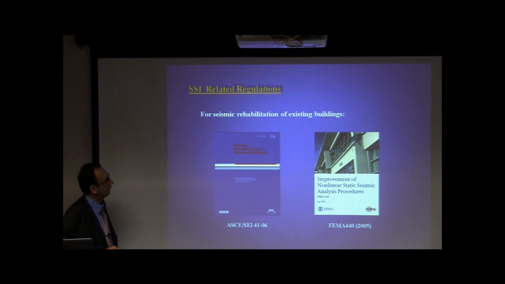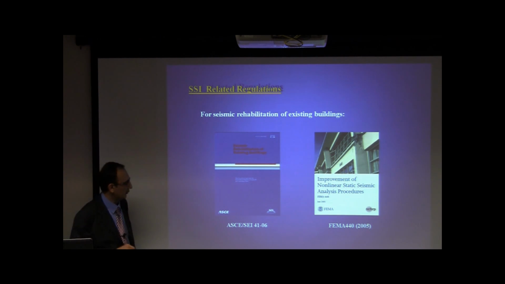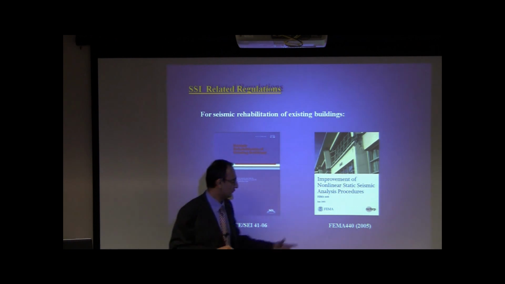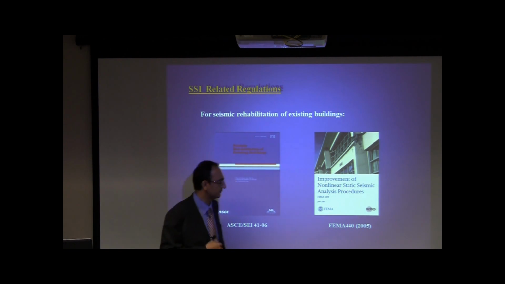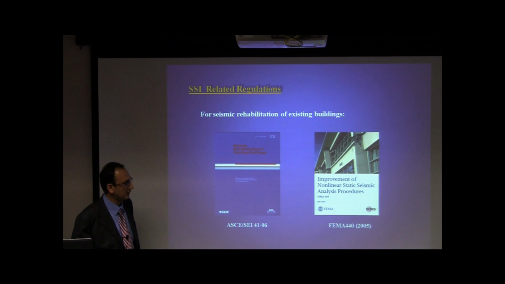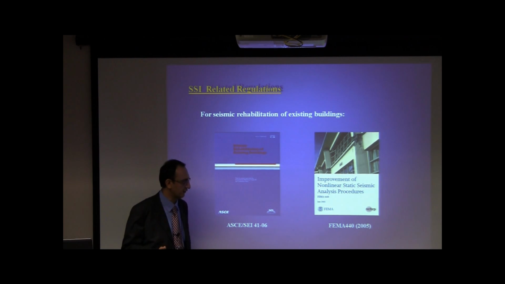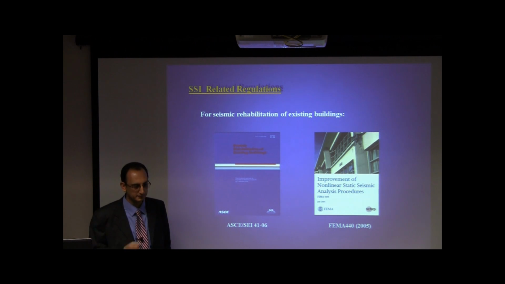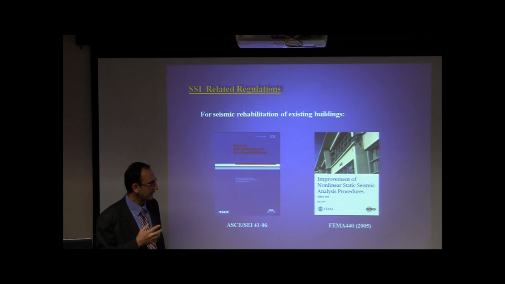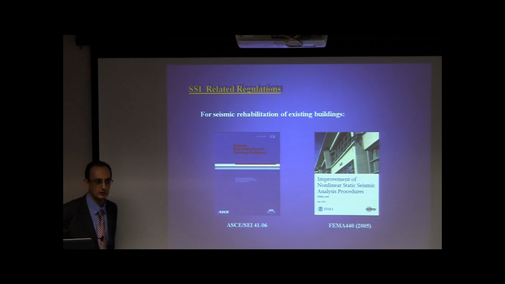Anyway, for the seismic rehabilitation of existing buildings, we have FEMA 440, which is an improvement to the nonlinear static seismic analysis of FEMA 356 and also ATC 40. But they added some parts for soil structure interaction.